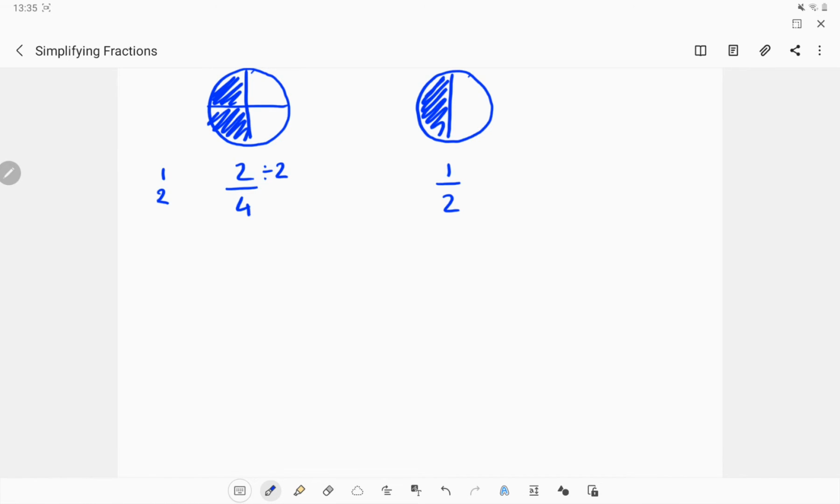So that means that instead of having 2 pieces coloured in, we're only going to have 1 piece coloured in. And instead of the original 4 pieces we had, we are only going to have 2.